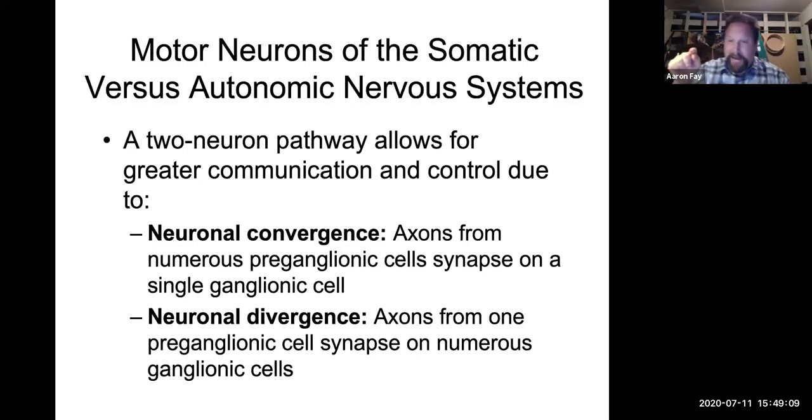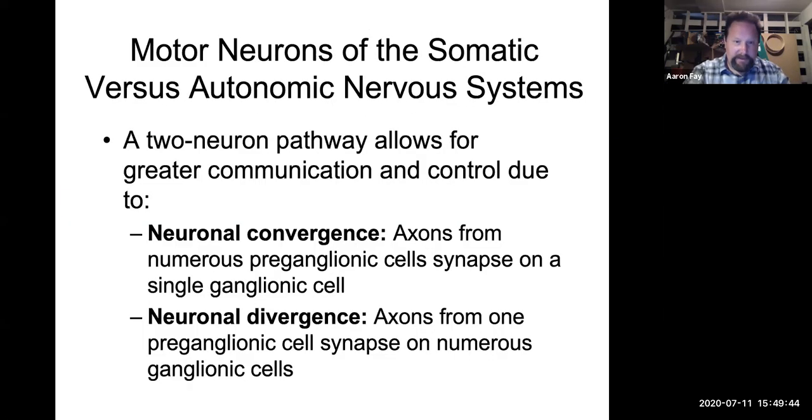You have many ways of turning on the same thing. This thing over here in your brain can turn that on, this thing over here can turn that on, and this thing over here can turn that on. By contrast, in neuronal divergence, axons from one preganglionic cell synapse with numerous ganglionic cells. So one preganglionic neuron talks to many different ganglionic neurons.